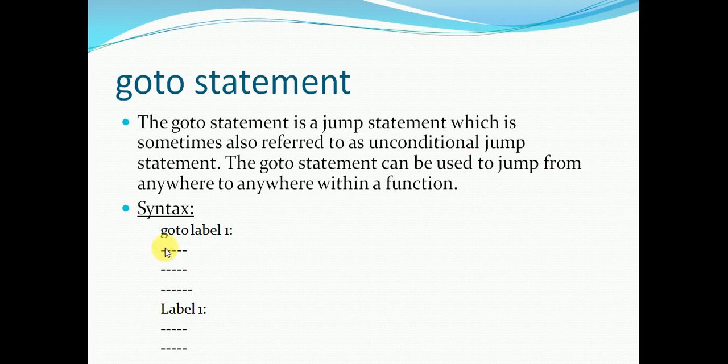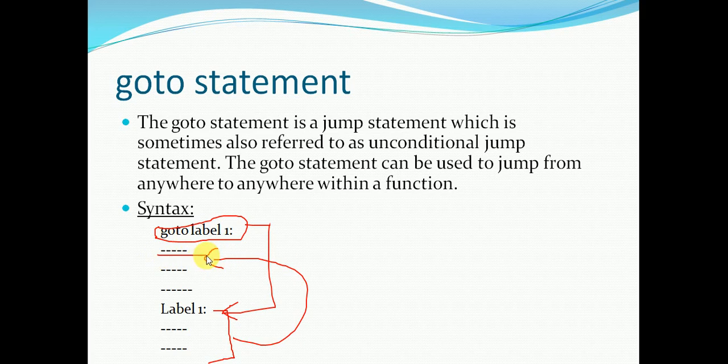That means whenever a statement goto some particular label occurs in the program, control directly jumps from this line to label 1 without any condition. After executing these label statements, that means the statements below, the control moves back to the statements we are writing over here.